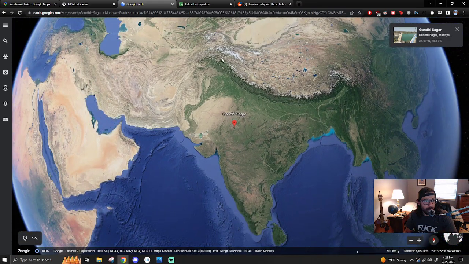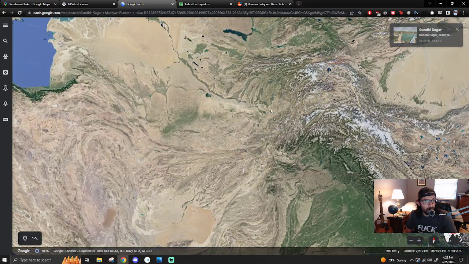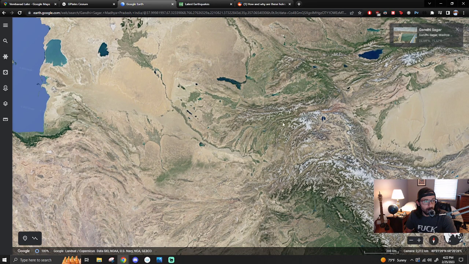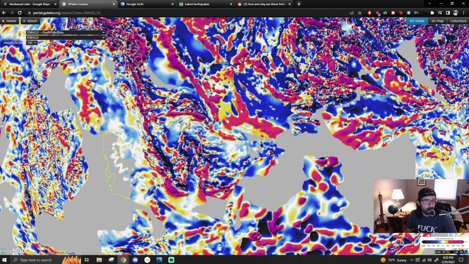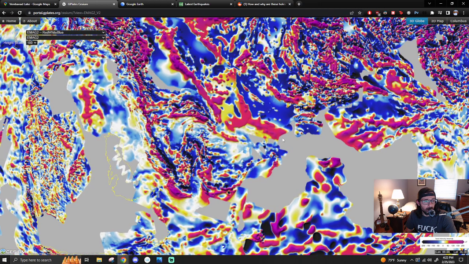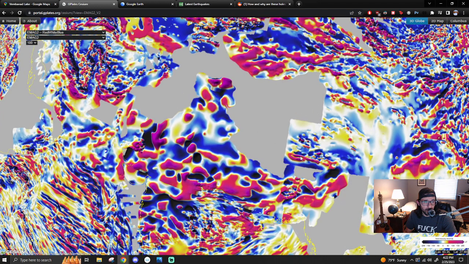Here's the Himalayas. Here's that region, over here somewhere in this region. That looks like this feature. The Himalayas kind of start around here and go, I think, down that way, even though they're not, like, down this way.